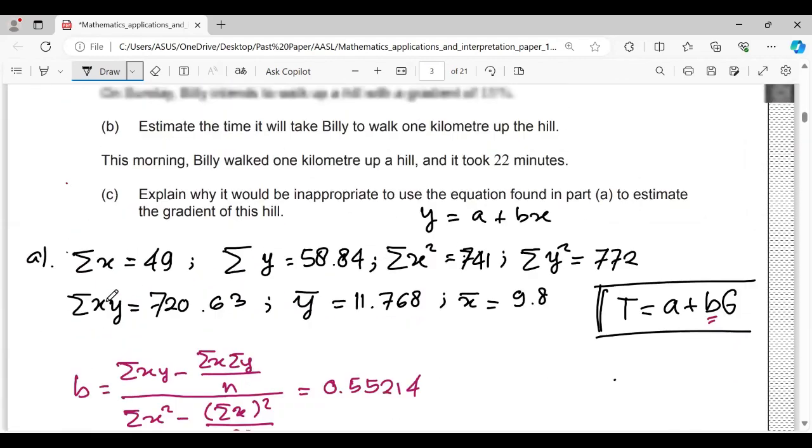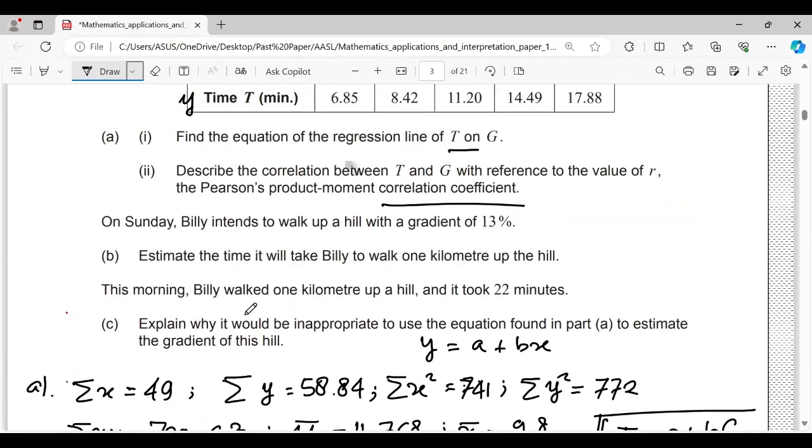The question is, this morning Billy walked 1 kilometer up a hill, and it took 22 minutes. Explain why it would be inappropriate to use the equation found in part A to estimate the gradient of this hill.